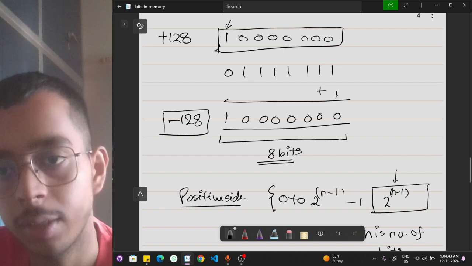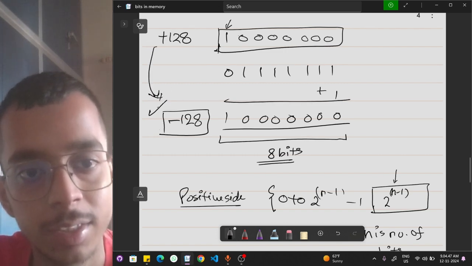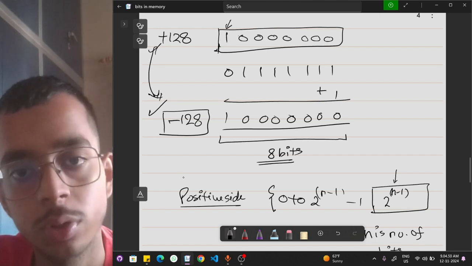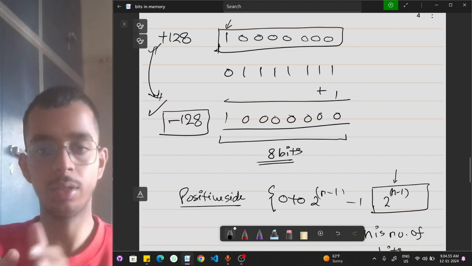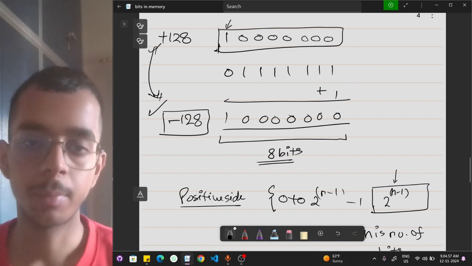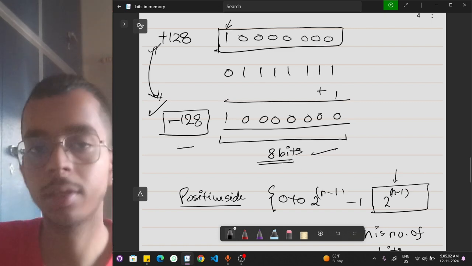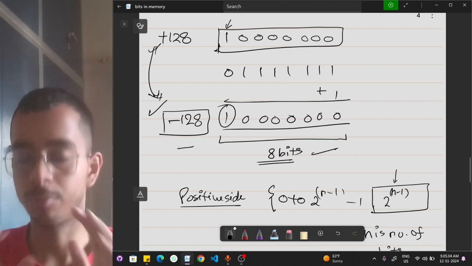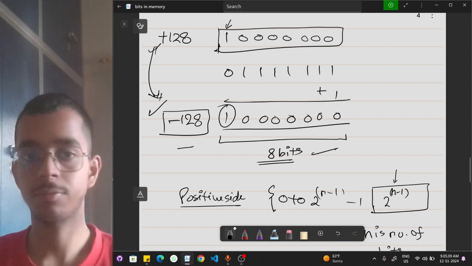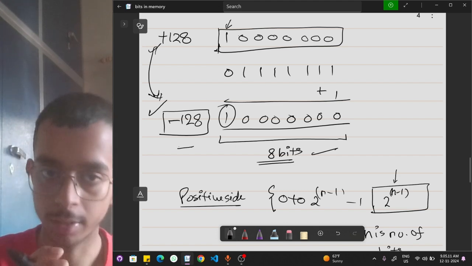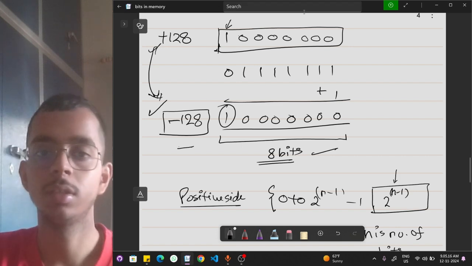But if you take the 2's complement and then add 1, minus 128 also looks exactly the same. That's why minus 128 can be included on the negative side, because this represents a negative number. It fits in 8 bits, and the first bit is 1, which represents a negative number. So all the things are fitting, and we are going to add minus 128 into the negative sequence.